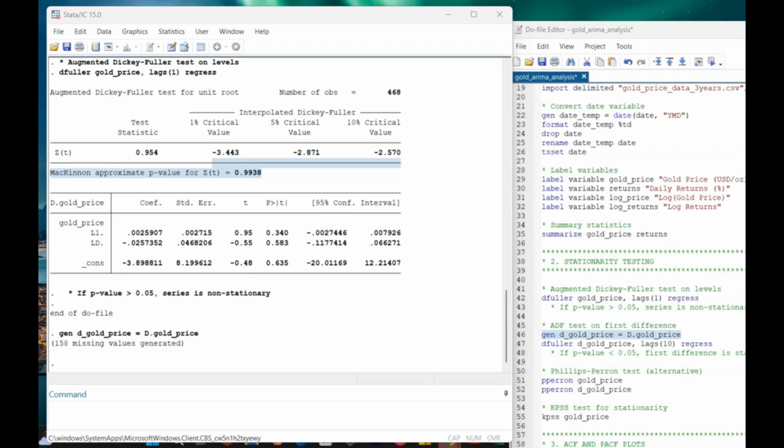It's already defined. You have it. You are doing it multiple times, that's why we already have it. This one is the new difference in gold price. Keep proceeding.